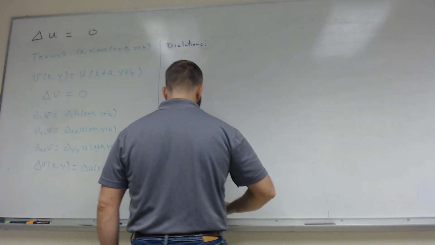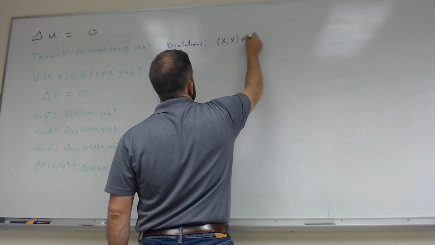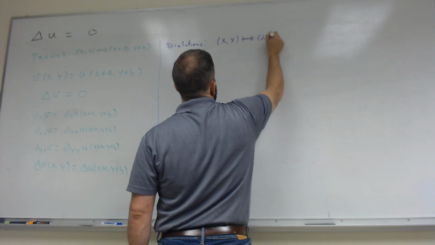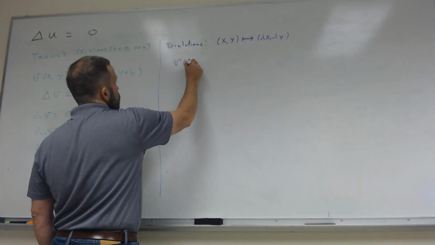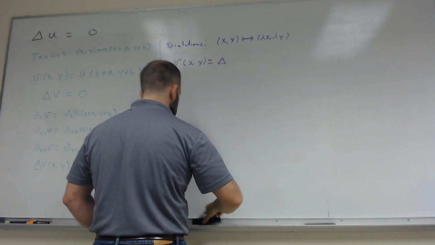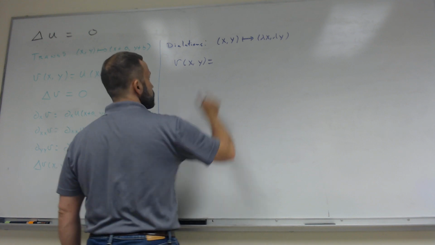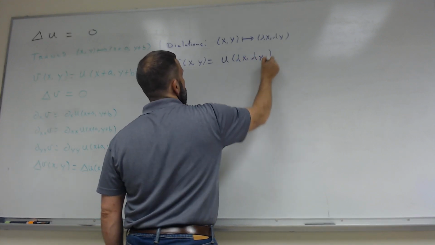Just so that I keep things consistent, let me write this as (x, y) goes to (lambda x, lambda y), and then v of (x, y) is equal to u of (lambda x, lambda y).